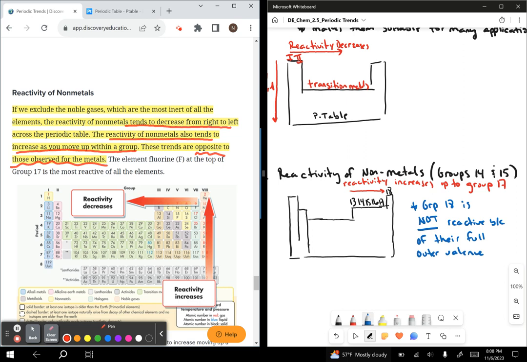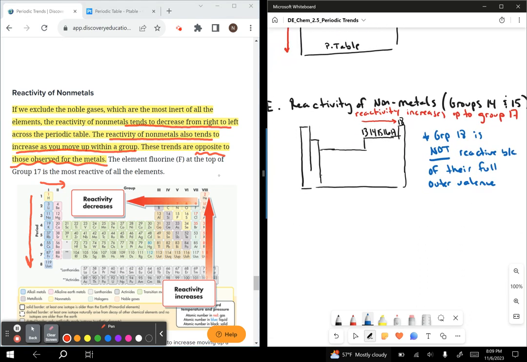Remember, the metals, over here on the left-hand side, increased as you went down, and decreased as they went to the right. And they're saying that over here, this is the opposite, okay?